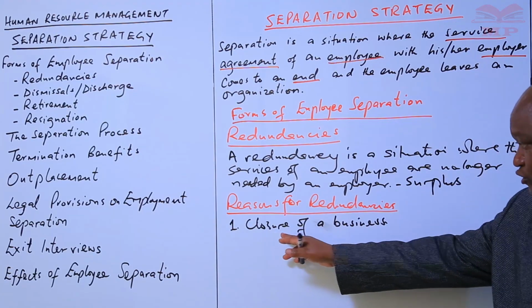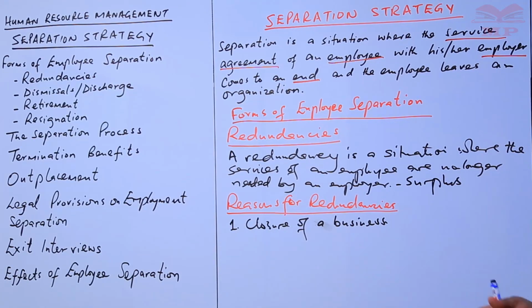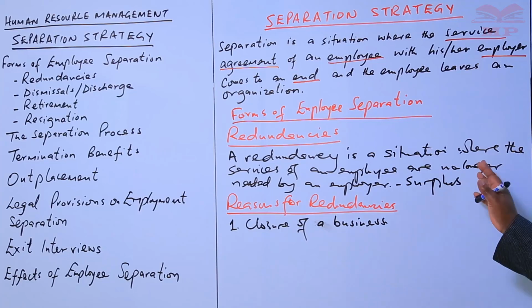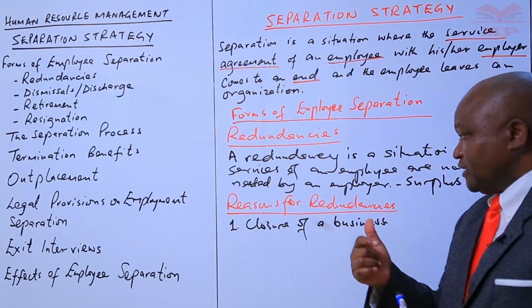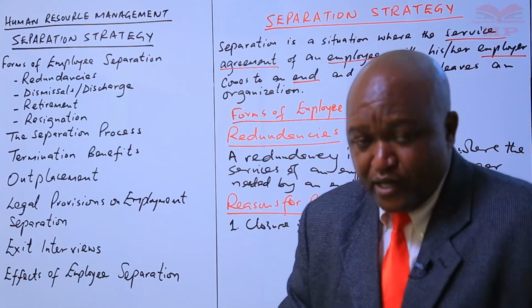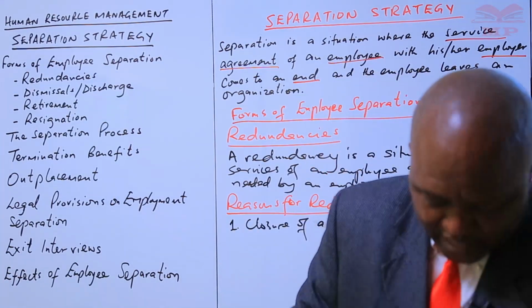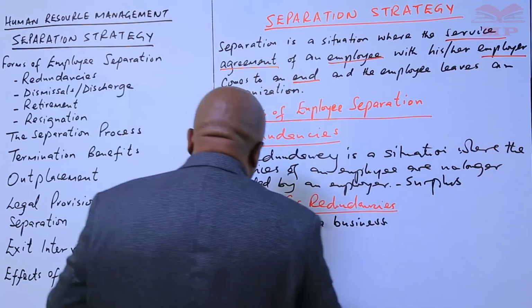So once that business is closed, then those workers may be declared redundant because there is no longer work for them to be able to do. So closure of a business could be one of the reasons why workers may be declared redundant. Then less work for employees.